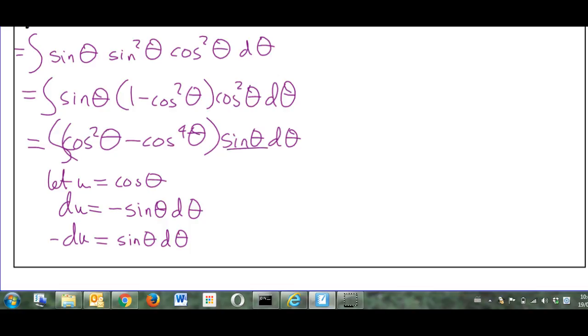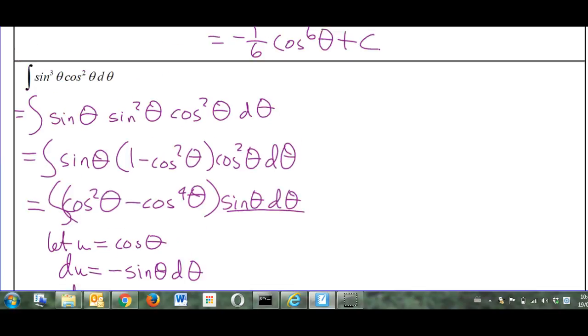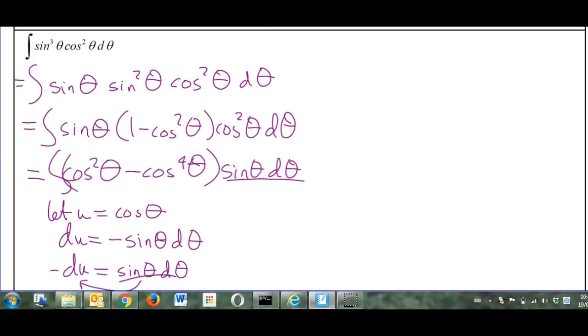Okay, so this will be replaced by a negative du. So we now have the integral, okay, u is cos theta, so we've got u squared minus u to the fourth times negative du. Okay, so sine theta d theta is replaced by negative du.